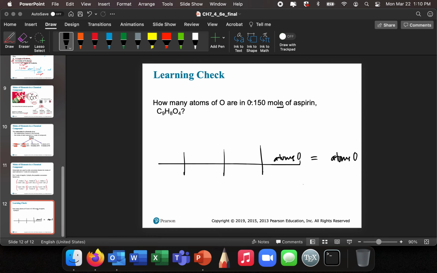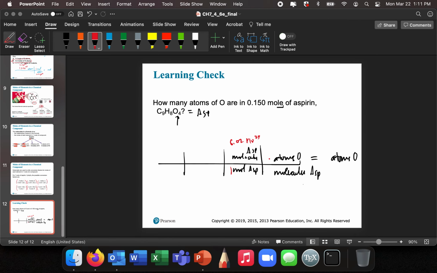Atoms of oxygen. Now we know that there are 4 atoms of oxygen for every molecule of aspirin. I'm going to go atoms of oxygen to molecule of aspirin, and I'm going to call that aspirin, ASP. And I know that there are 6.022 times 10 to the 23rd molecules for every mole of aspirin.